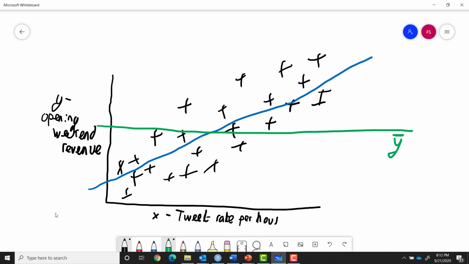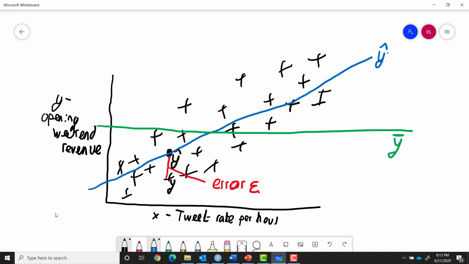And for a given X, the individual prediction, so this is my prediction, is going to be Y hat. This would be my Y, and the difference between them is going to be my error, which we sometimes denote with the Greek symbol epsilon. So this is the regression line. This contains all the Y hats.